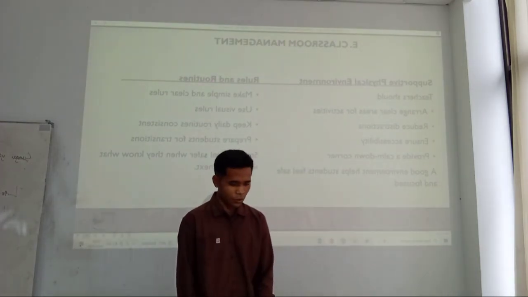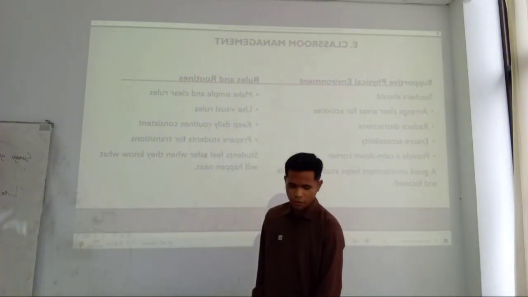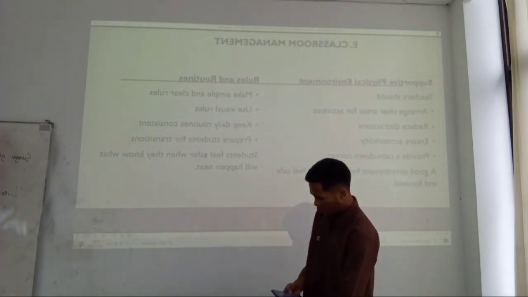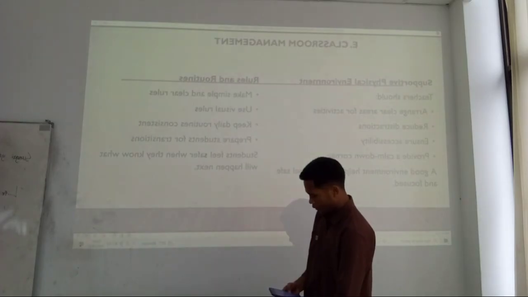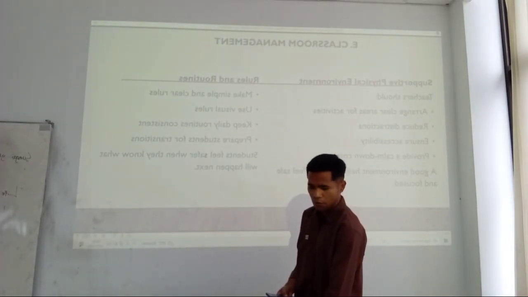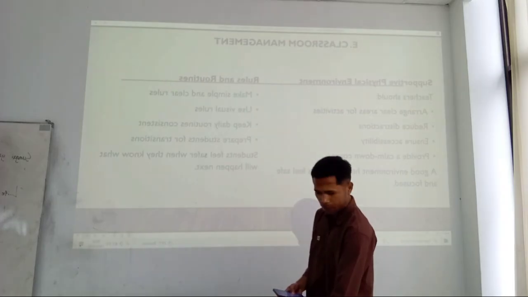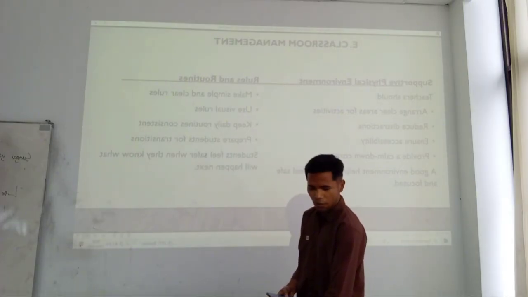The second one, rules and regulations. Make simple, clear rules. Use easy words that everyone understands. Use visual rules. Use pictures to show the rules. Keep daily routine consistent.